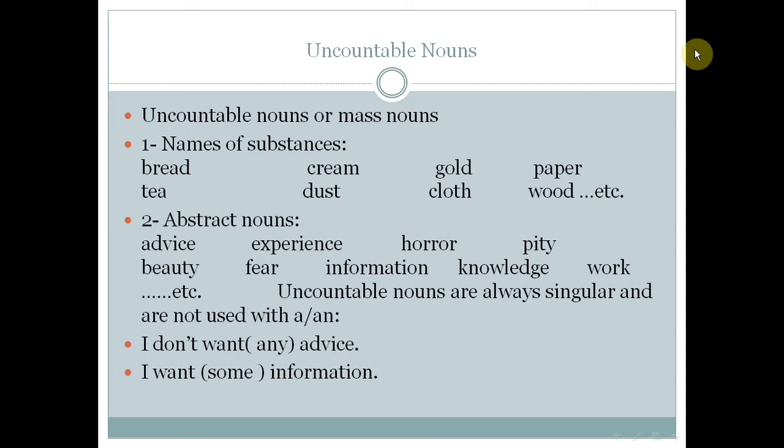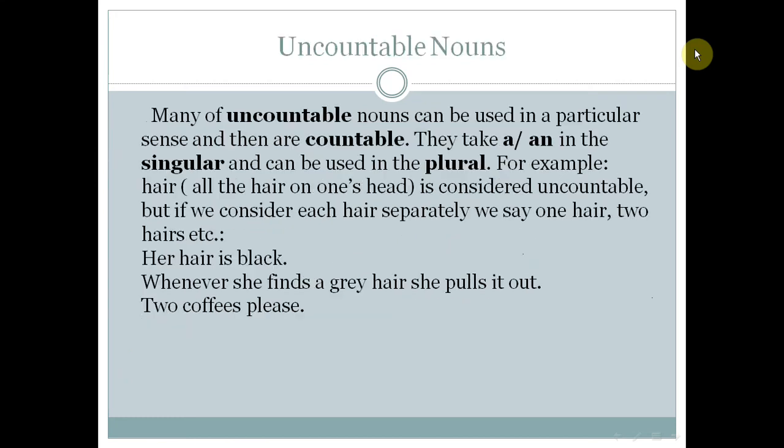We say some bread. So I don't want any advice. We may precede it with any, but not an advice. It's wrong. I want some information. We can say I want some information.